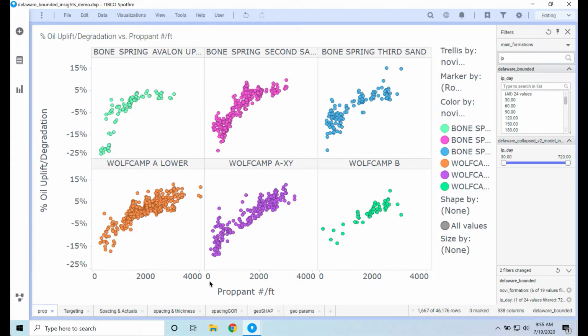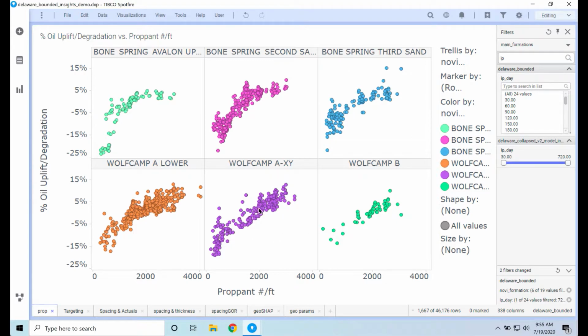This is pretty similar to a sensitivity type chart that you would have for a standard analysis. But the interesting thing here is that the model is picking up that the different formations in the basin have different sensitivities to the proppant loading.